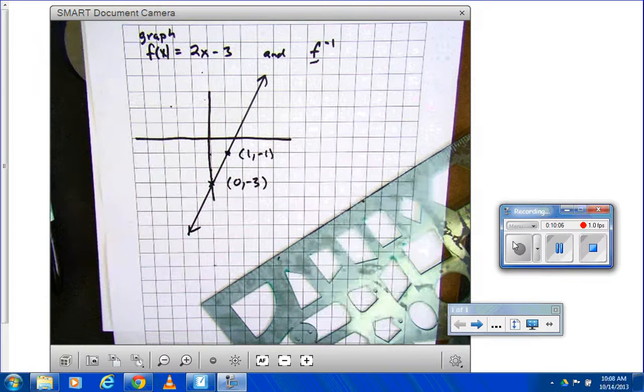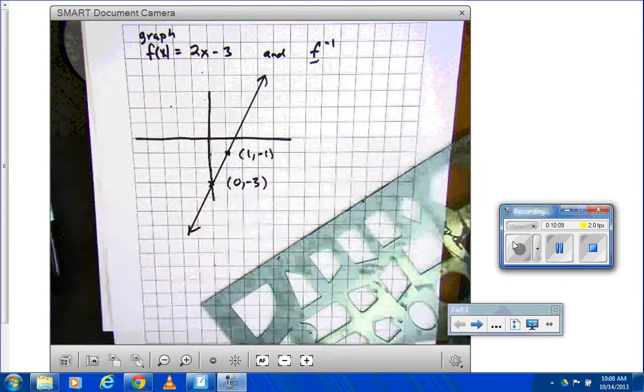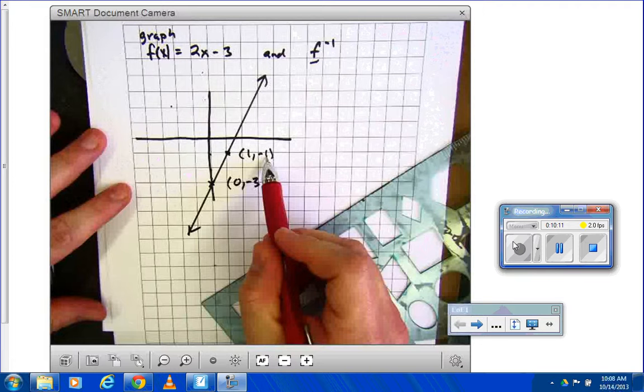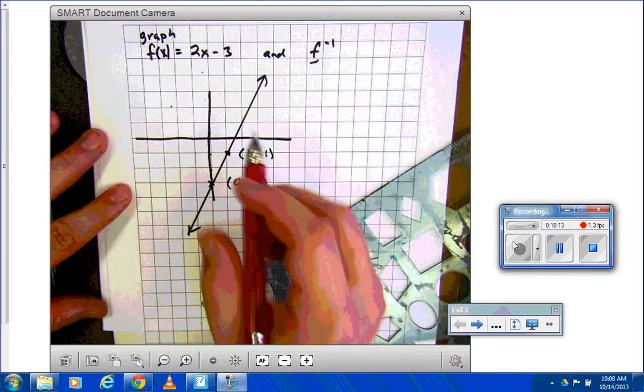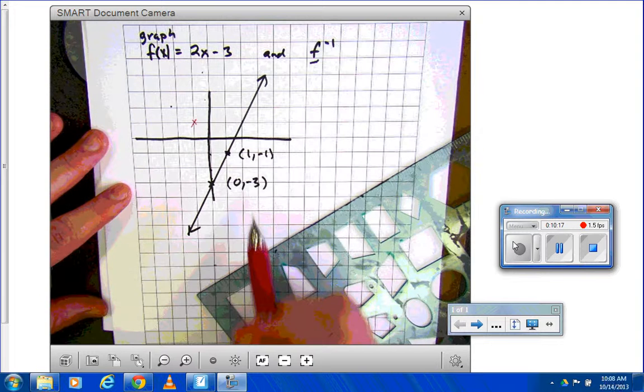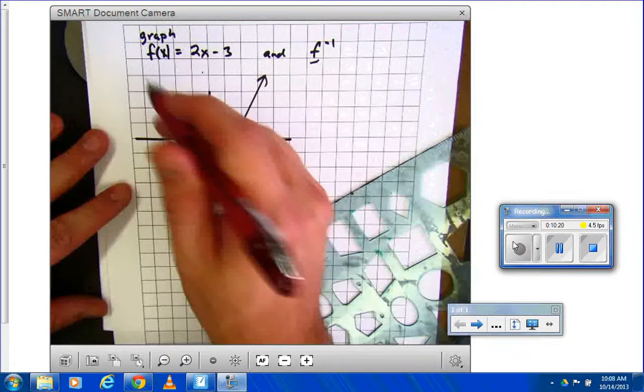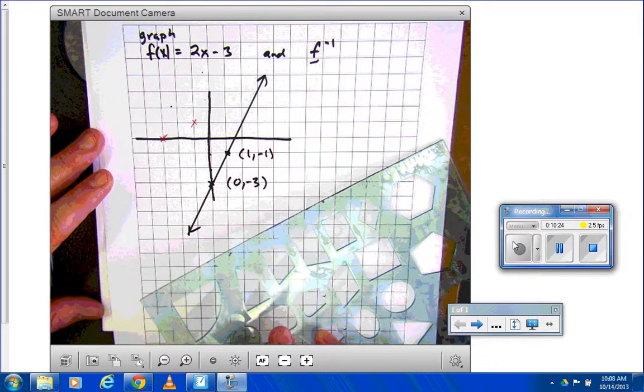But the idea is you just take the ordered pairs and you just switch them. That's going to give me my inverse here. So negative 1, 1, if I thought of it that way backwards, that would be this point. And then negative 3, 0 would be this point. And there are my 2 points to graph my inverse with.